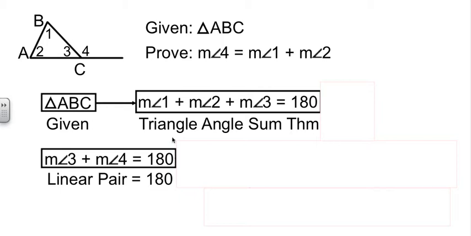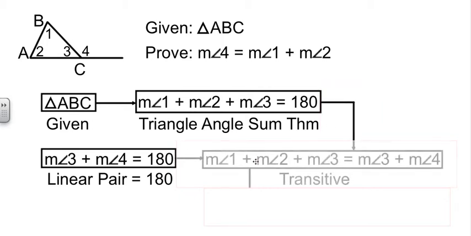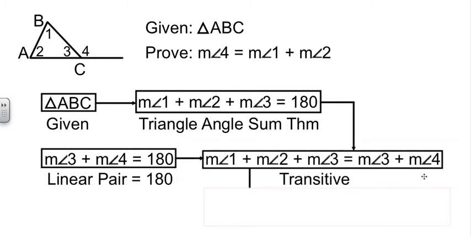Now, I want you to consider this. I've got some stuff equals 180, and some other stuff also equals 180. So by doing a little bit of substitution, or I said transitive here, but you could call it substitution, I'm able to combine the two statements into one.